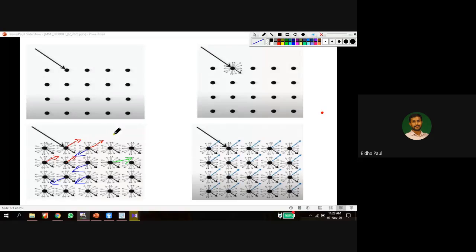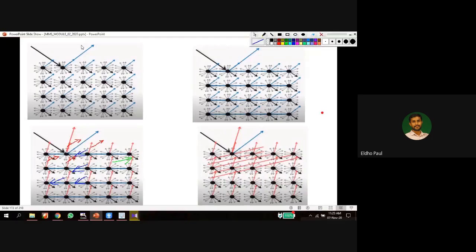But in the red direction or this blue direction, all the scattered beams are in the same phase. That leads to a stronger scattered wave in that direction. That is the resultant of constructive interference of all the scattered waves that are in the same phase.